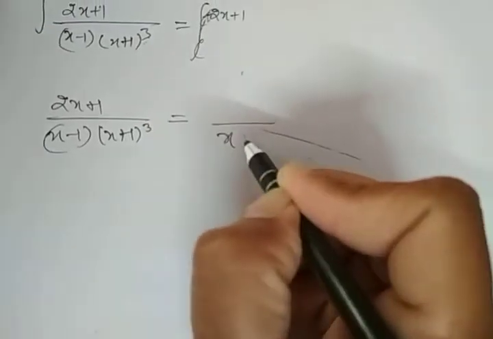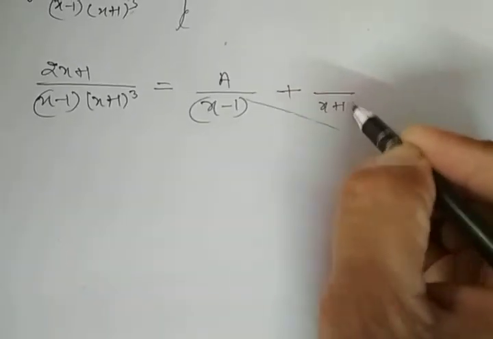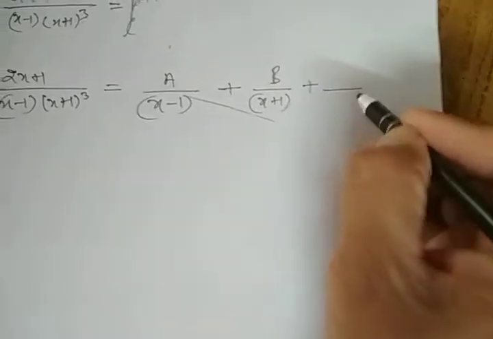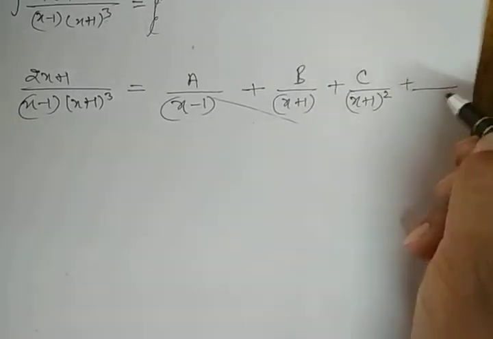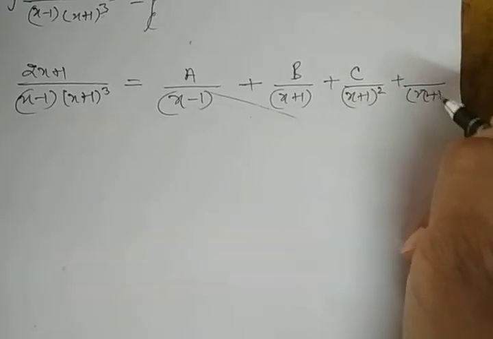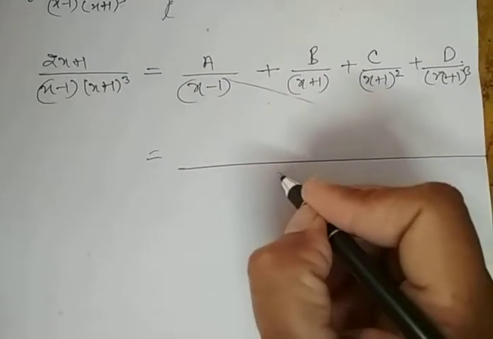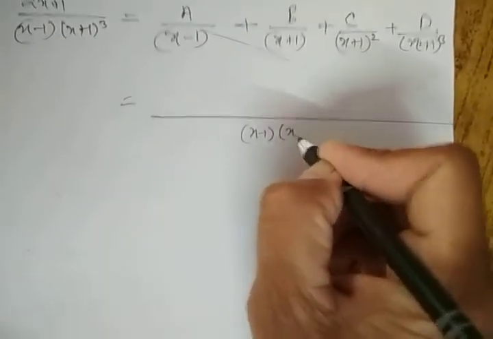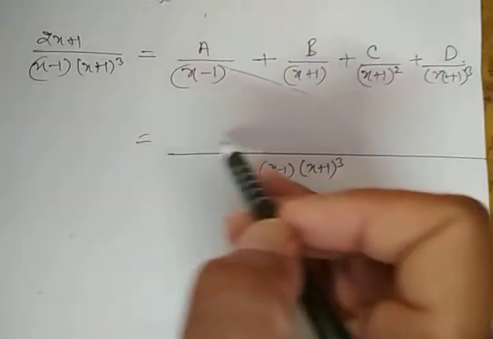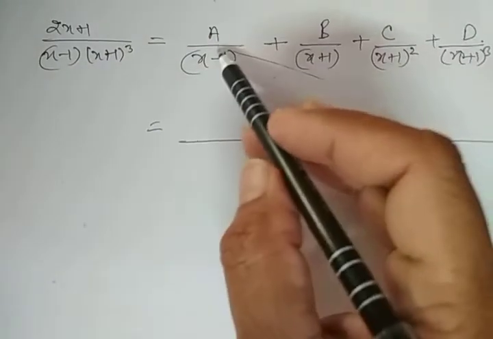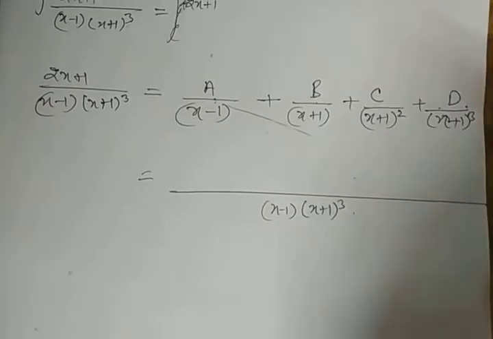When there is a whole power over a linear factor, from the first power to the third power we will give 3 separate constants, so for the partial fraction we will write it like this. For x minus 1 we will take the numerator a. For the 1 power of x plus 1 we will take another constant b. For the 2 power of the linear factor x plus 1 we will take another constant c, and for the highest power, 3 power of x plus 1, we will take another constant d. Then take the LCM, that will be x minus 1 into x plus 1 with highest power 3, and the numerator will come. Then we will compare the coefficients on both sides, get the values of a, b, c, d, and then separately integrate. That you have to do in partial fractions.